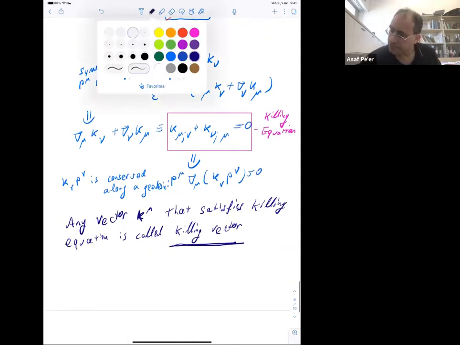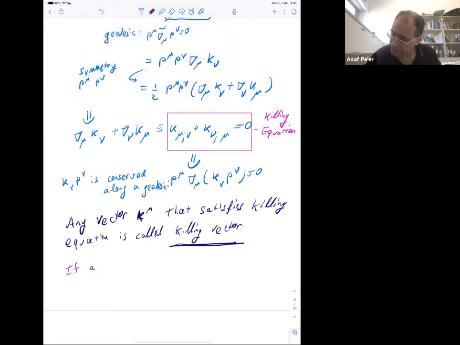If a vector satisfies the killing equation, it is always possible.